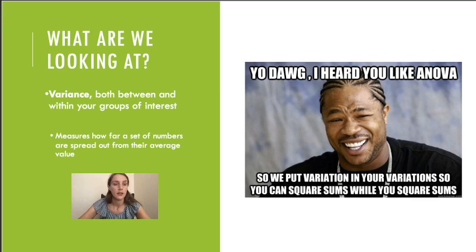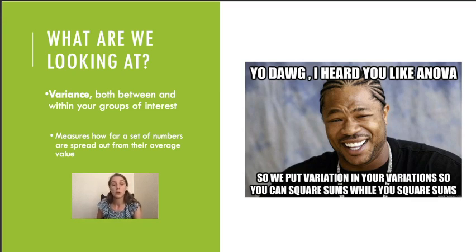All right, and what are we looking at in an ANOVA? Well, this is true of t-tests as well, but we're looking at variance. We're looking at how much variation there is in these groups. It's not simply a means comparison, because we're also interested in how much the groups vary within themselves, right? How much does leisure satisfaction vary in those who are unemployed versus how much does it vary compared to people who are employed part-time and employed full-time?